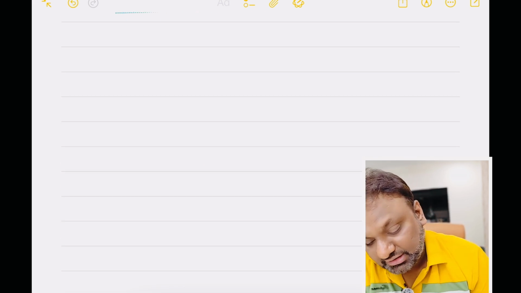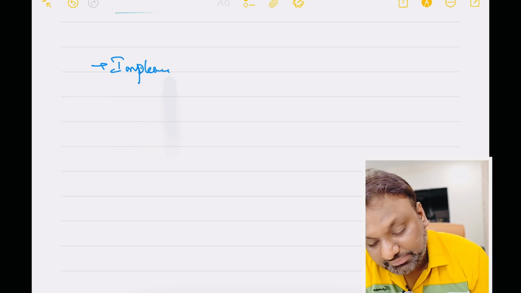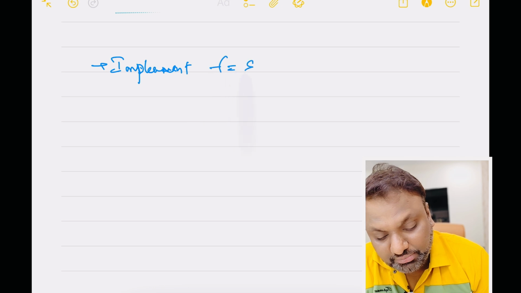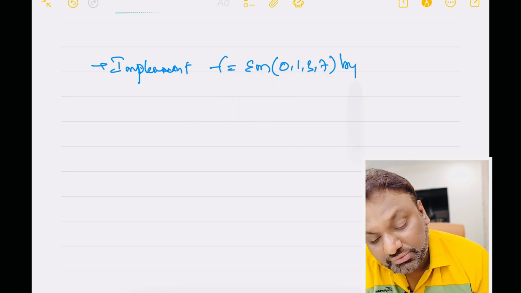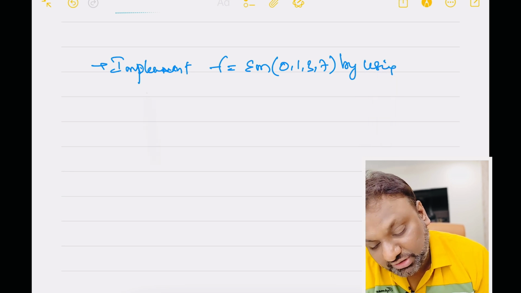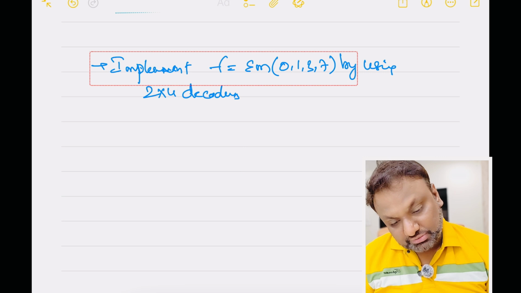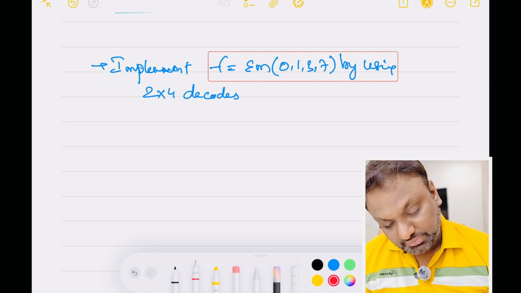For example, implement f equals sigma m of 0, 1, 3, 7 by using 2 to 4 decoders. Okay, you see here, it is simple to implement.